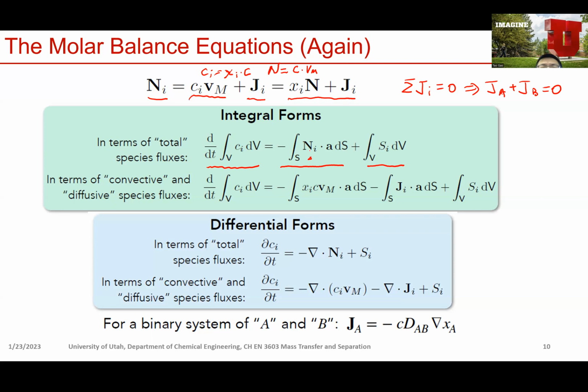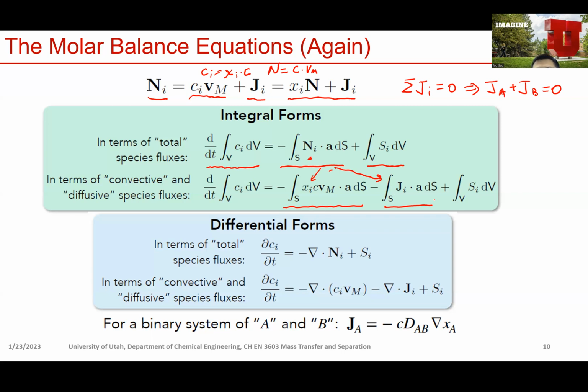If we replace the total mole flux with these two components, this term breaks down into two terms. On the left, we have the net flux into the control volume due to bulk fluid motion. On the right, we have the net flux into the control volume due to diffusive flux.